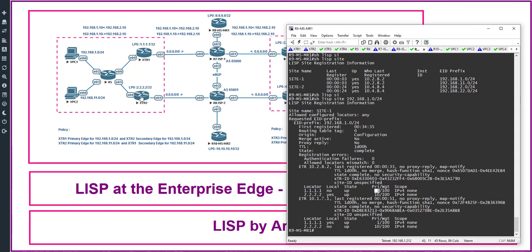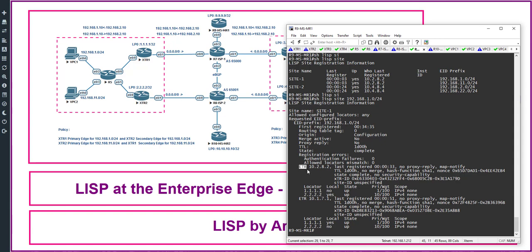and the priority is 1. This means that XTR2 first sent 192.168.10.0/24 with the priority of 1 and weight of 100, with the RLOC of quad 1, to the MSMR1. And another map register from router 2 is 192.168.10.0/24 with the RLOC of quad 2 with the priority of 10.